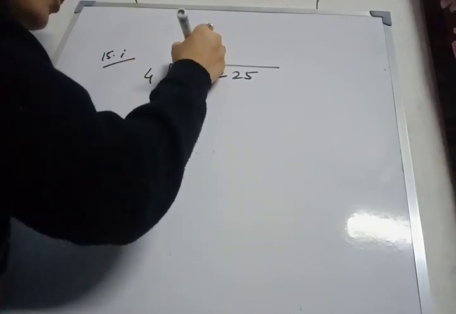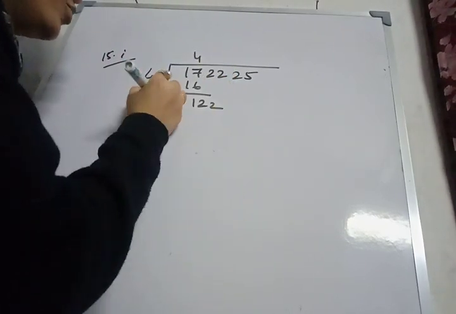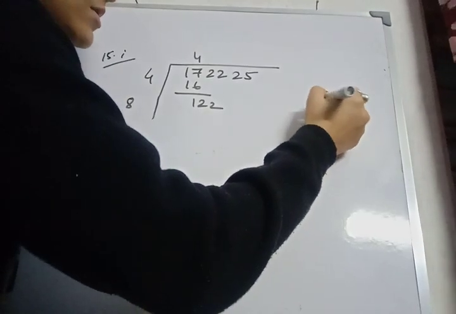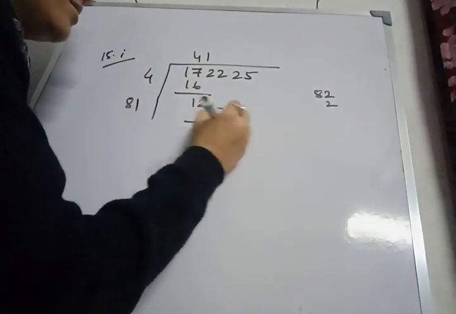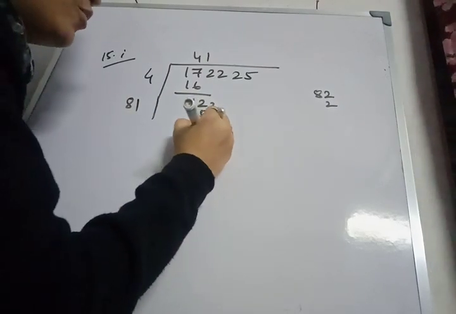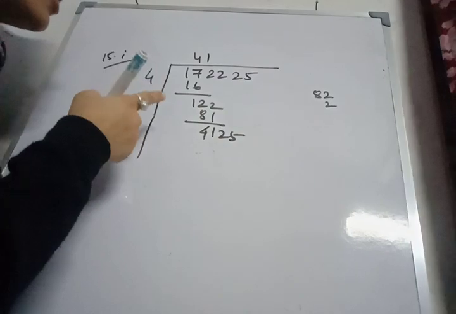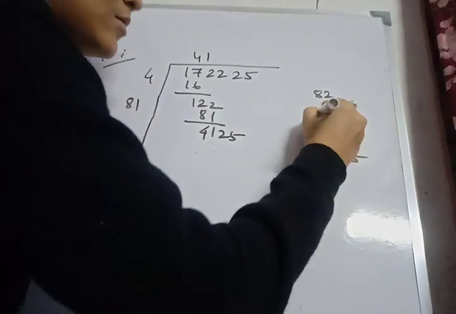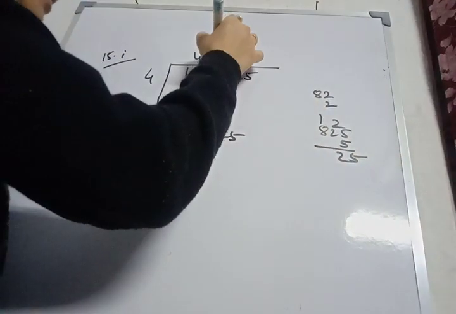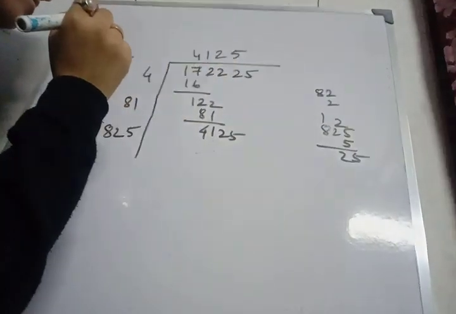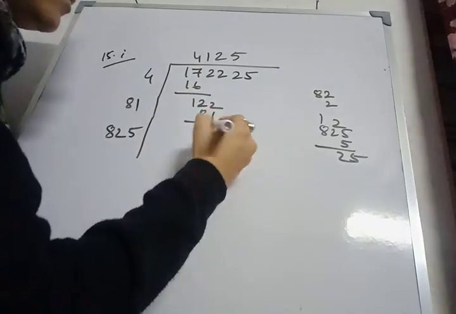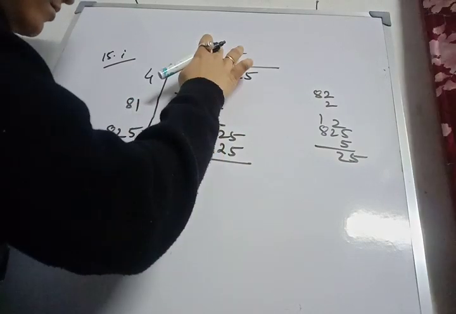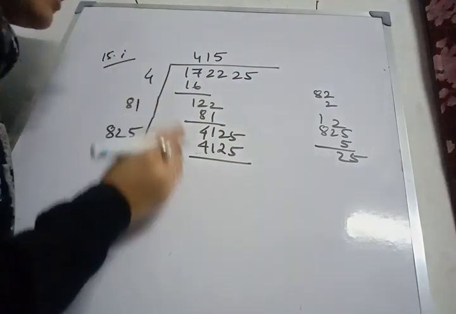So 4 4s are 16, 4 2s are 8, so 8 2s are 16, so 8 1s are 81, 4 2 5, 41 2s are how much? 82, so 82 5s are 825.